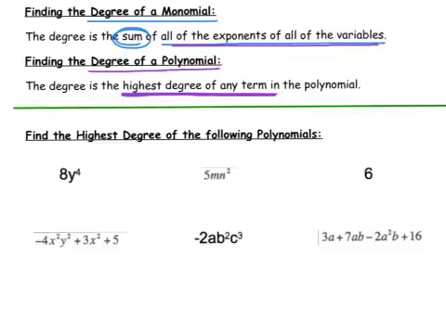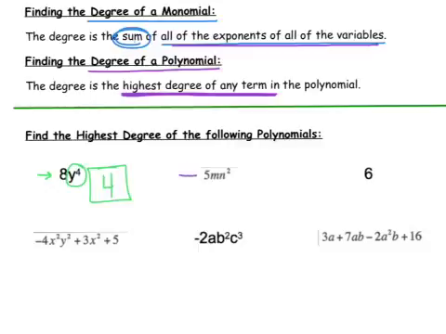Looking at our first one, 8y to the 4. Well, it's one term, so we take the sum of all the exponents of all our variables. We have just a y, so it's degree 4 because it's y to the 4th.